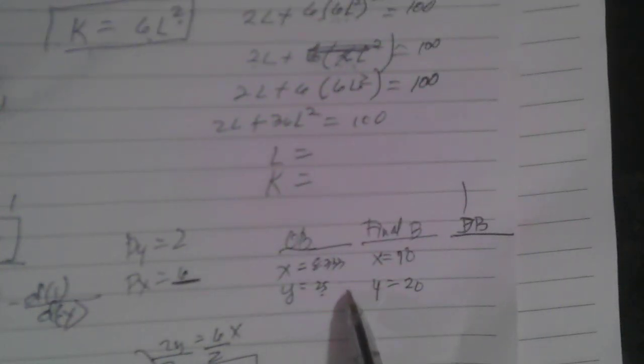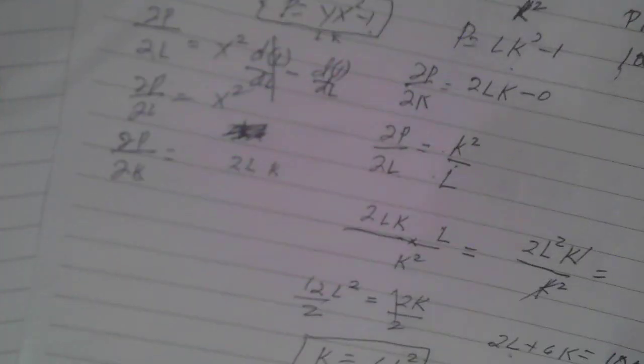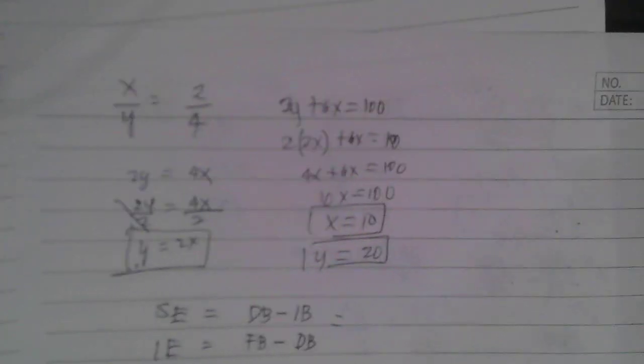So yx minus 1 is equal to: y is 25 times x, which is 8.33, minus 1, equals that value.